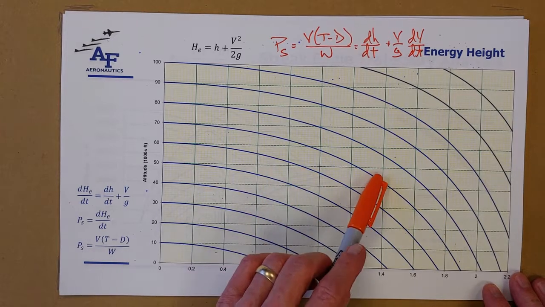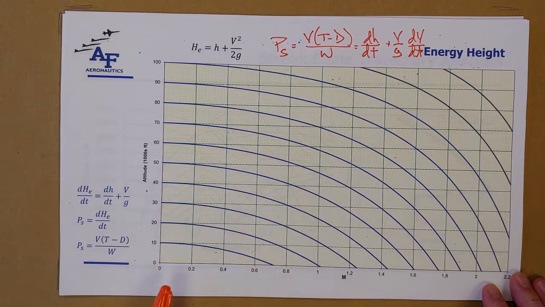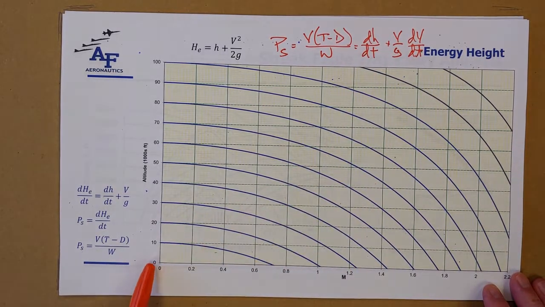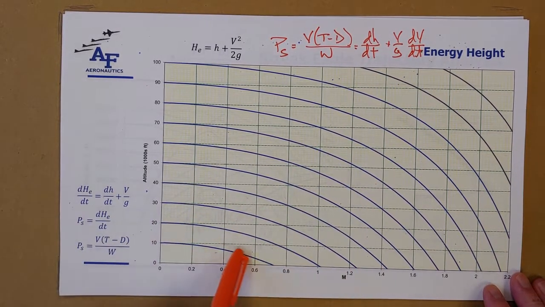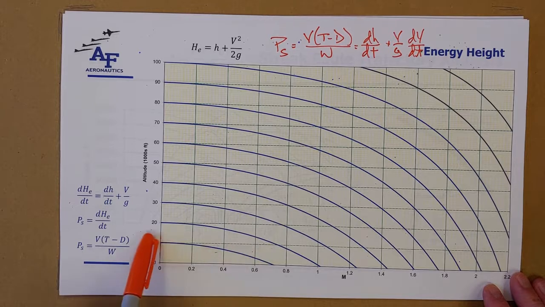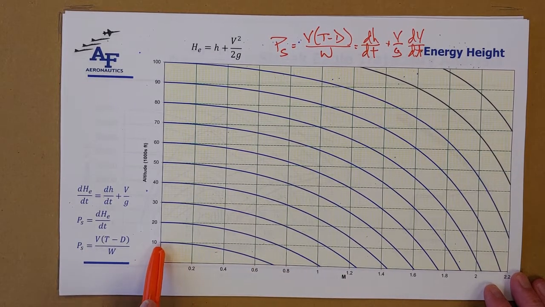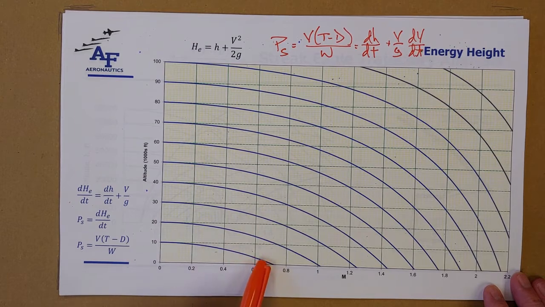We don't really need to label them because they're labeled right here. When our velocity is 0, our energy height is given. So here's the 10,000 foot energy height contour. When I am on the deck at a little bit more than 0.7 Mach, that is equivalent to being at 10,000 feet of altitude with 0 energy. So here's all kinetic energy, here's all potential energy, and I can trade that energy anywhere along the line.